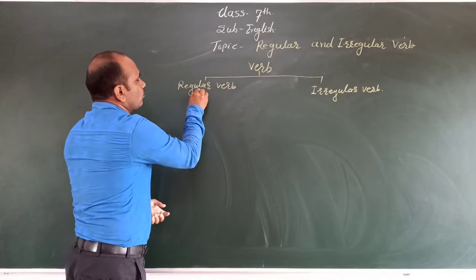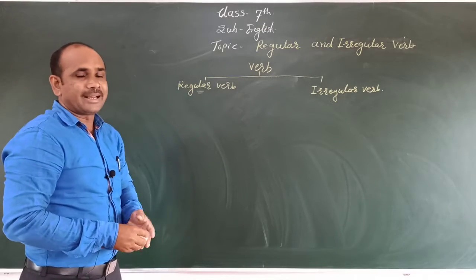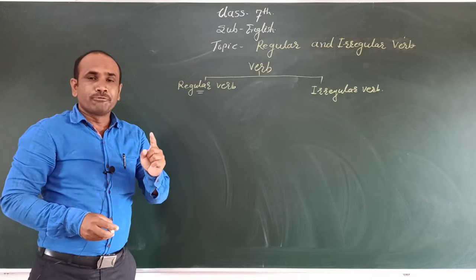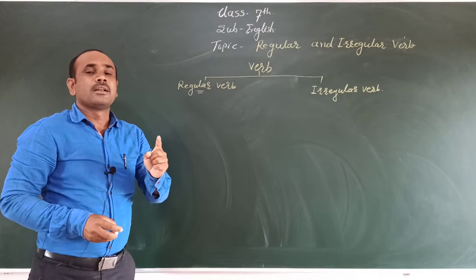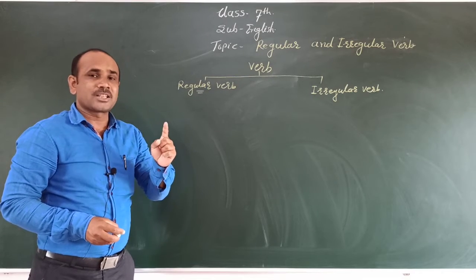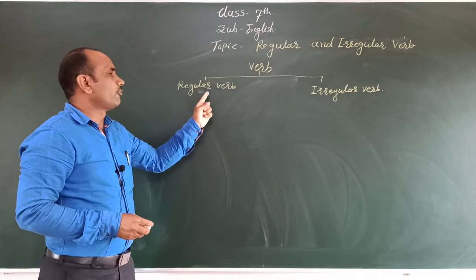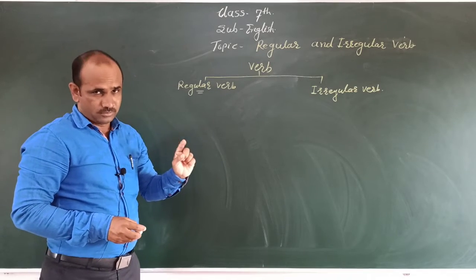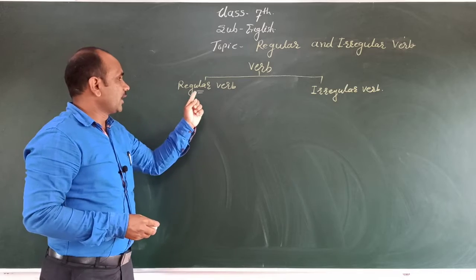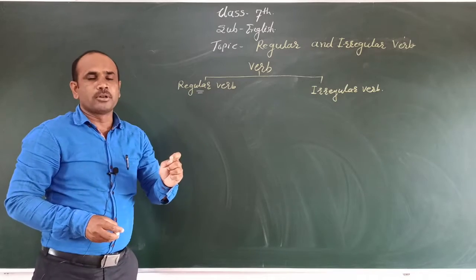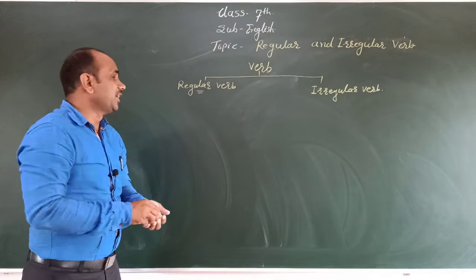What is meant by regular verb? Regular verb means at the end of the verb we are adding ed in the past tense and past participle. That verb we call the regular verb. Very easy. What are we adding? Ed.